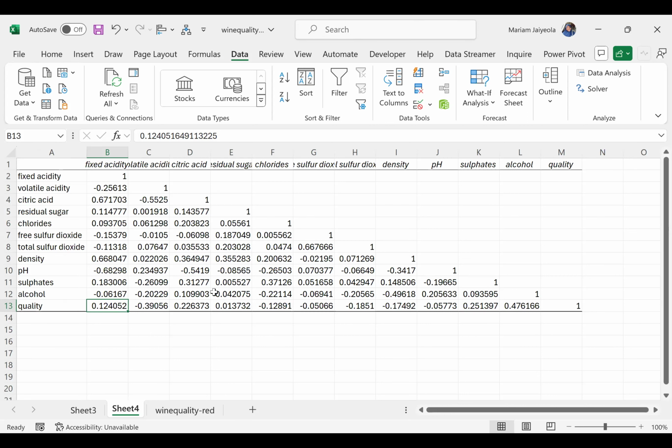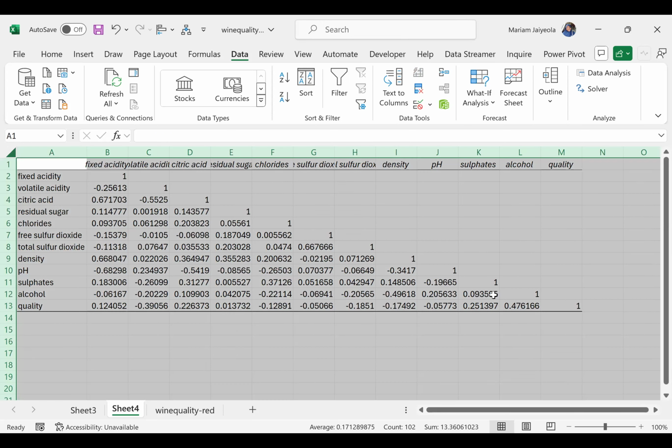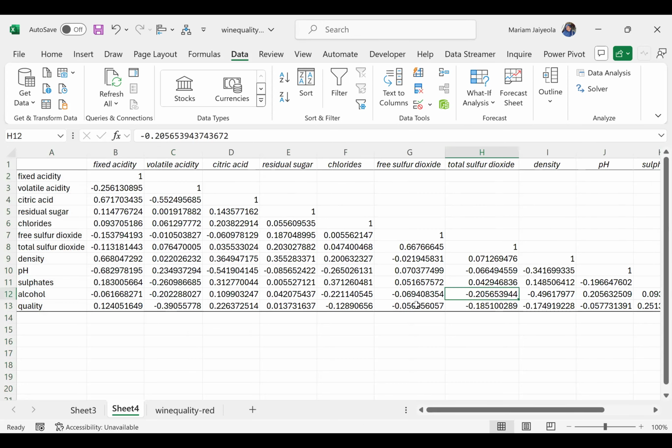Yes, right here, sulfur dioxide. For free sulfur, there's a negative relationship. That means as sulfur is increasing, the quality of wine will decrease.